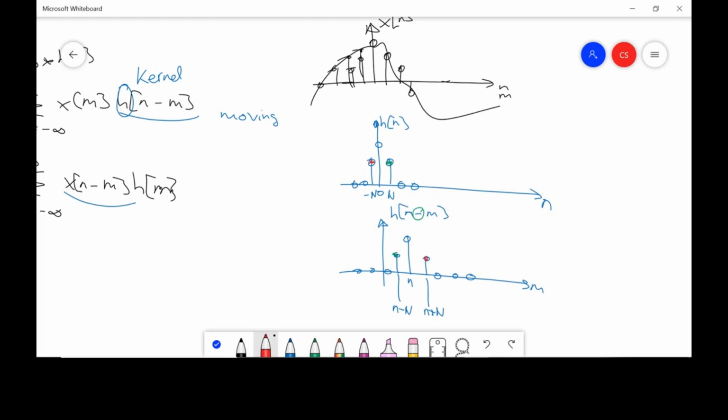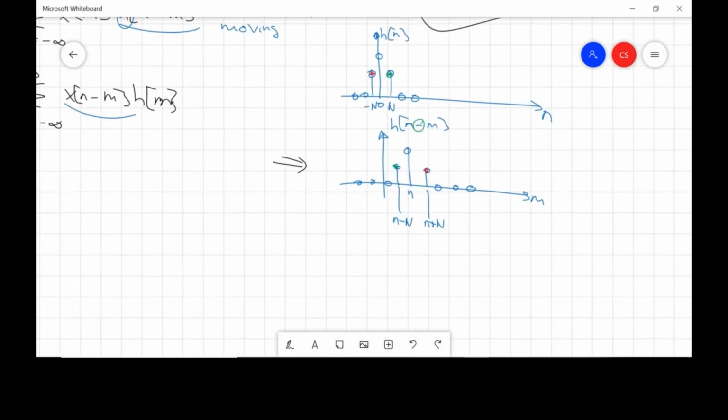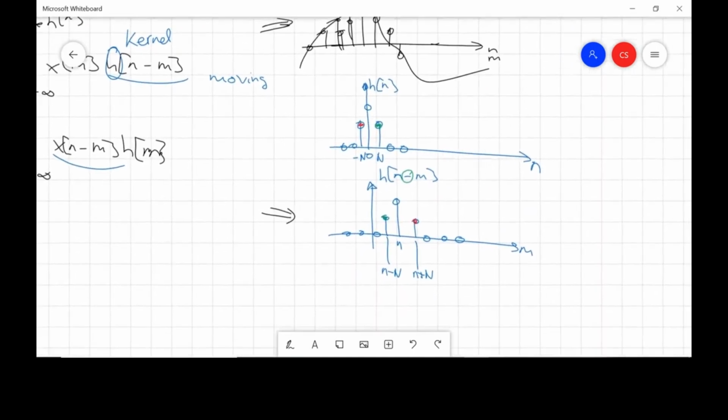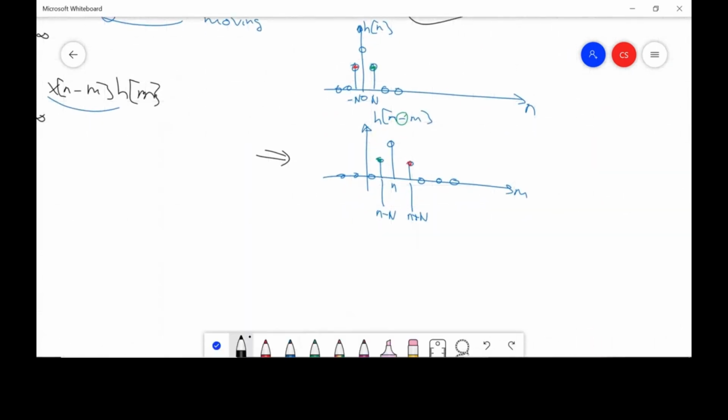And then you multiply this signal here with this signal here. I don't know how to represent that. It will be something like this. This is y in the axis n.